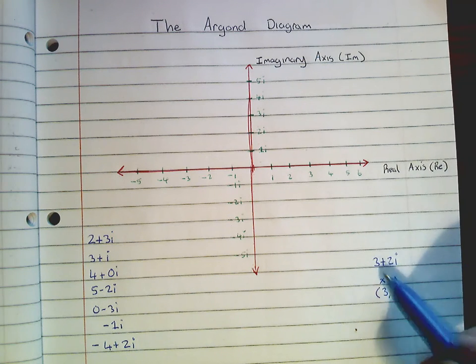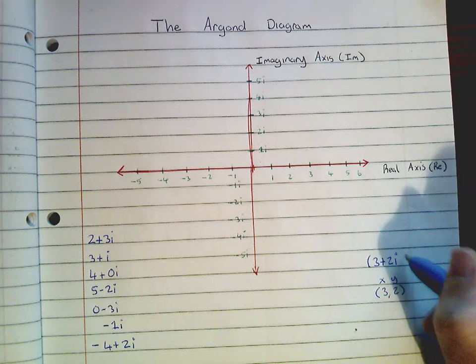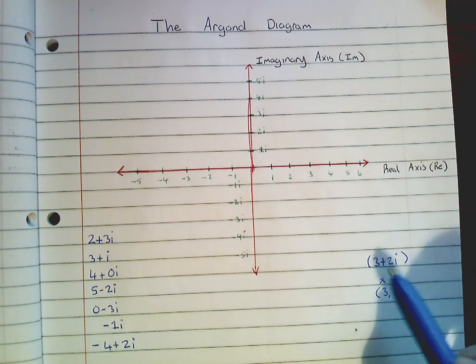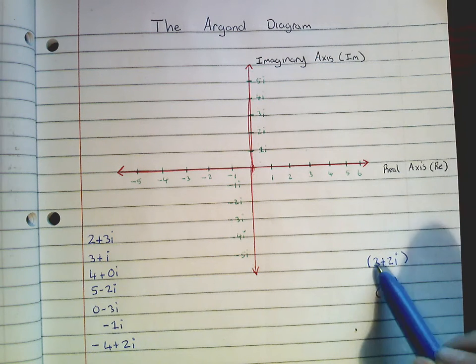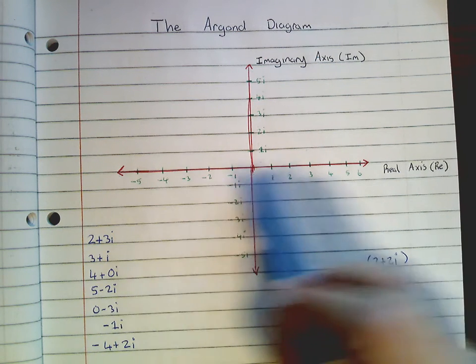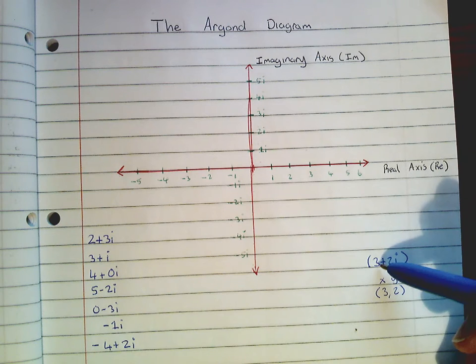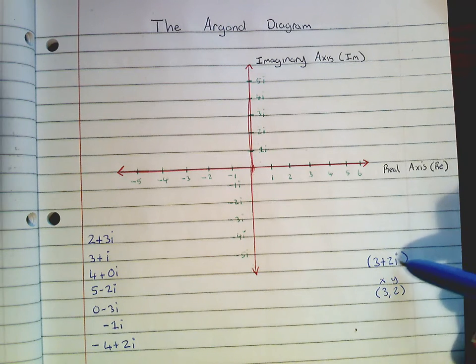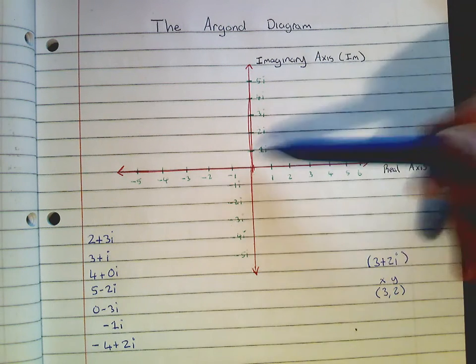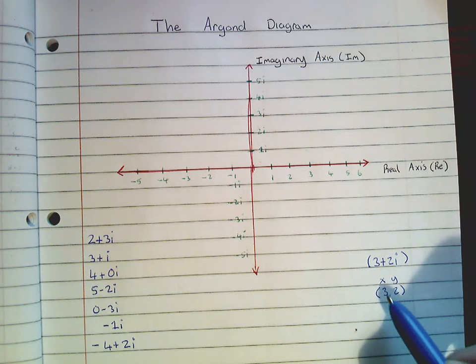Just like that, we can plot a complex number very similarly. The real part gives the coordinate for the horizontal axis, and the imaginary part represents the vertical axis, in the same way that the x-axis is horizontal and the y-axis is vertical in a coordinate plane.